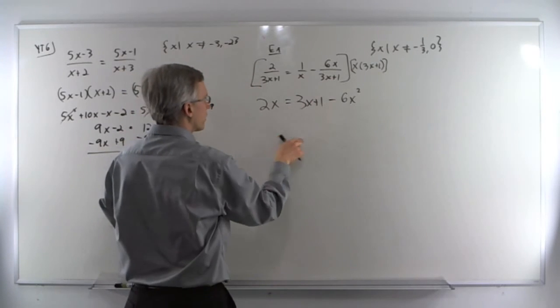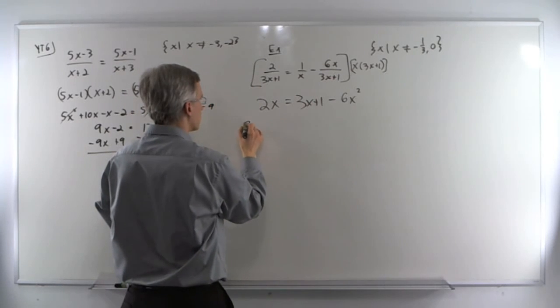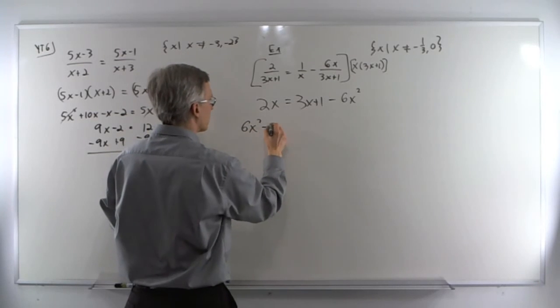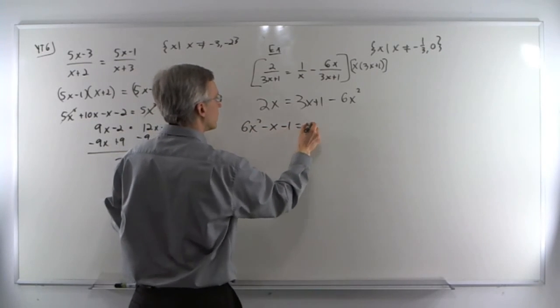All right, now I'm going to get everything over to this side. So subtracting 3x, we get minus x there, minus 1 equals 0.